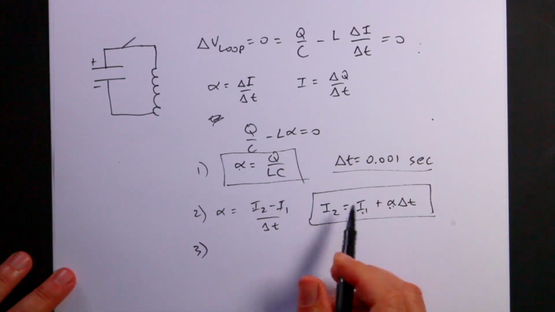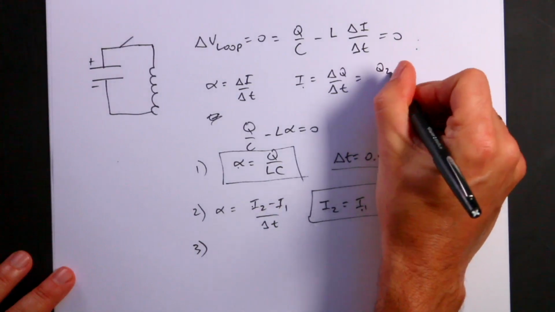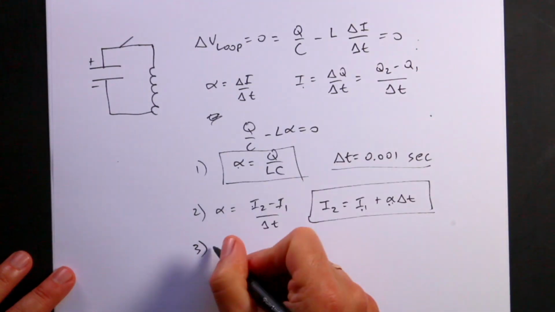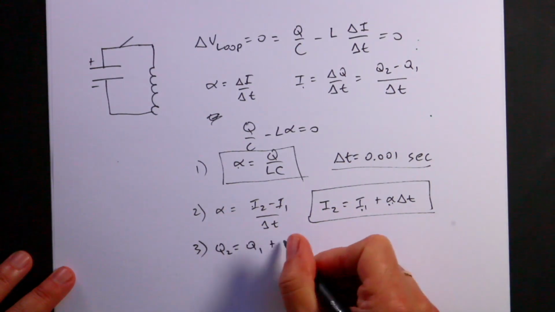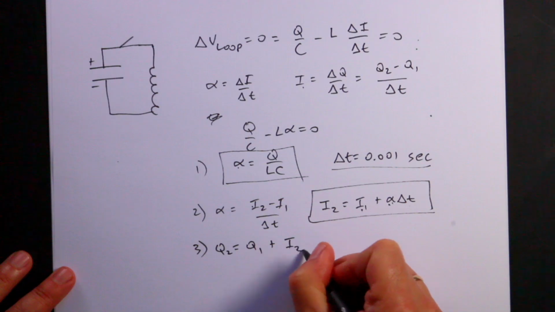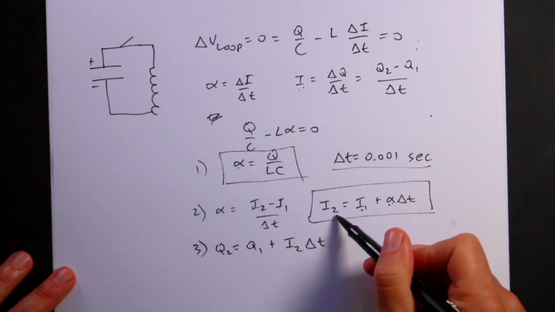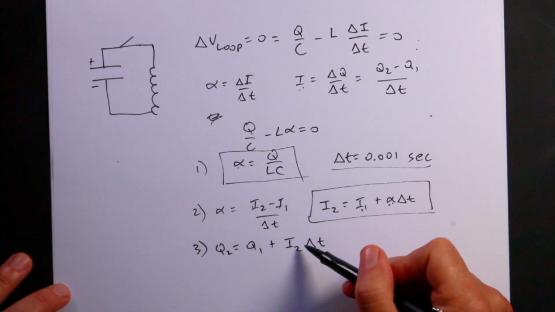Now I'm going to do the same thing. I'm going to use the definition of I, Q2 minus Q1 over delta t. If I solve this for Q2, I get Q2 equals Q1 plus I2 delta t. So this just says I, but I just calculated I, and I found the new version. So I'm actually going to use the current at the end of the time interval.